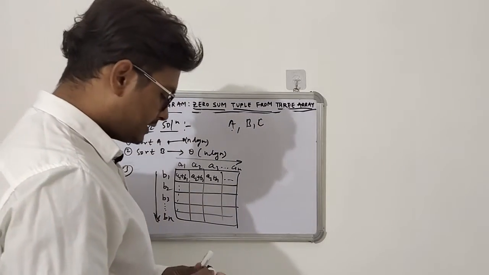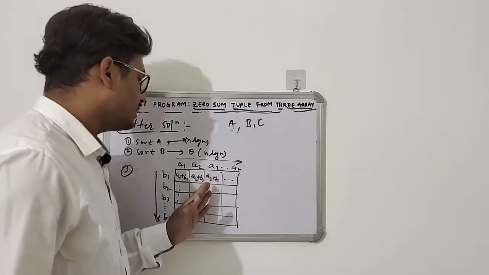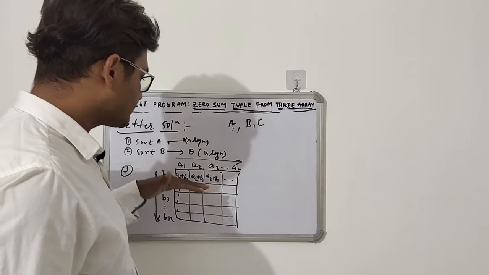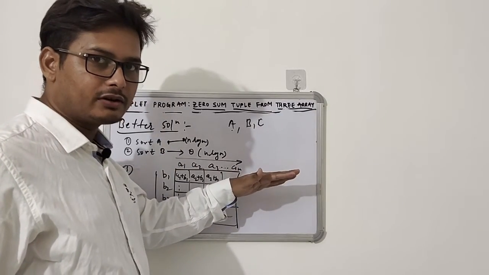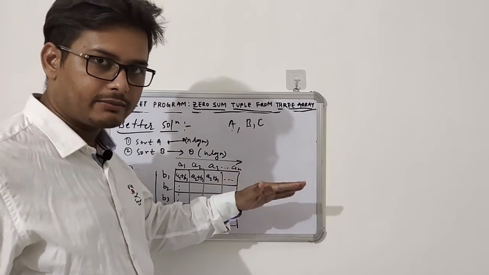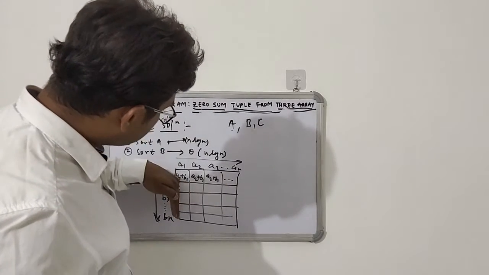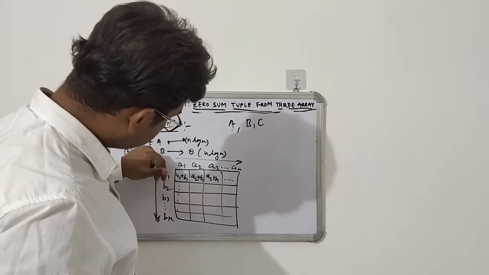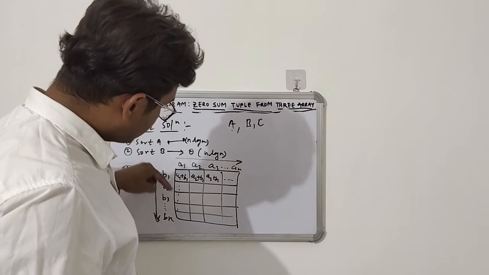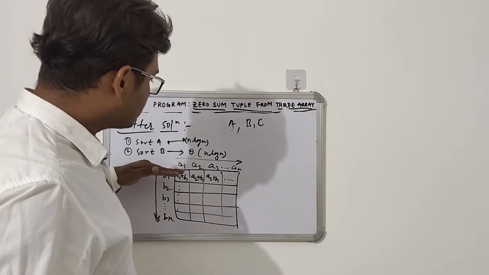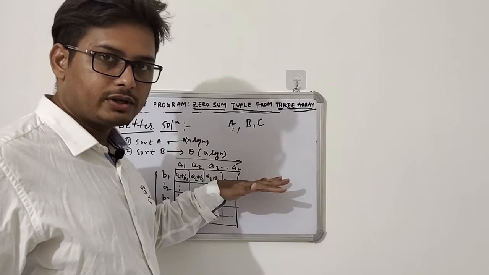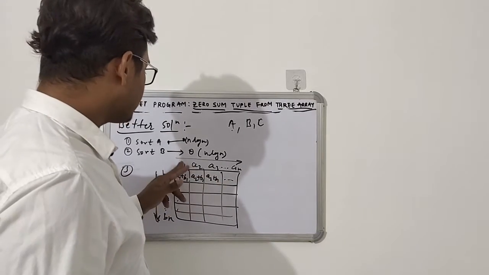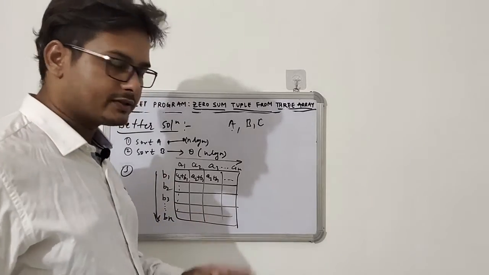You can see that in our matrix, along the rows it is always going to be in increasing order, all the sums of array A and array B, and along the column it is also increasing order, because array A and array B are sorted.